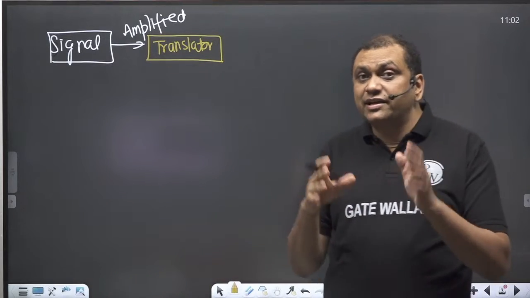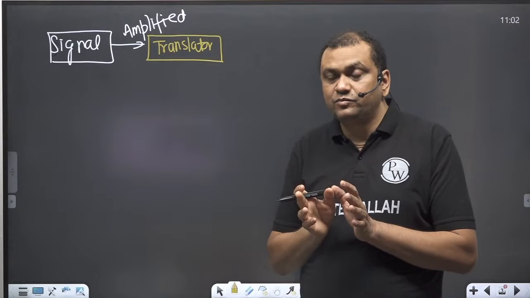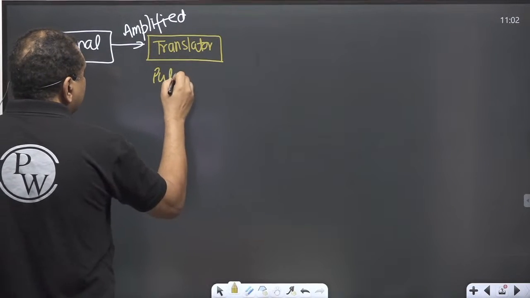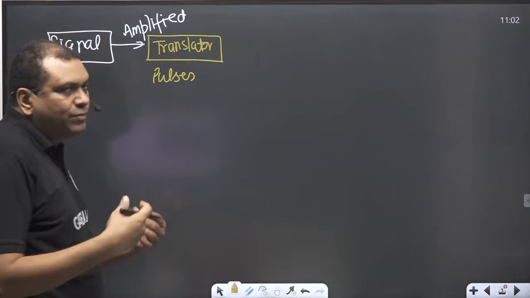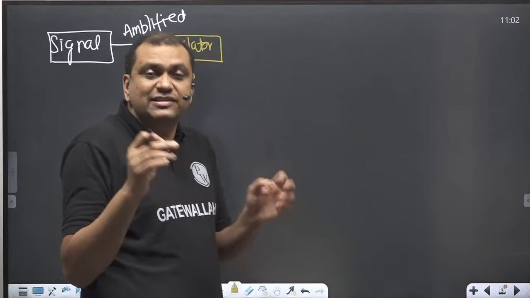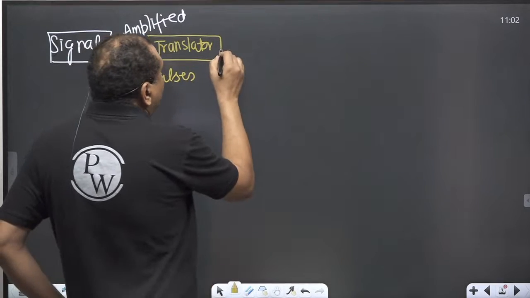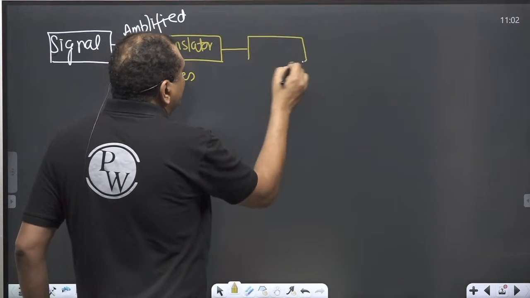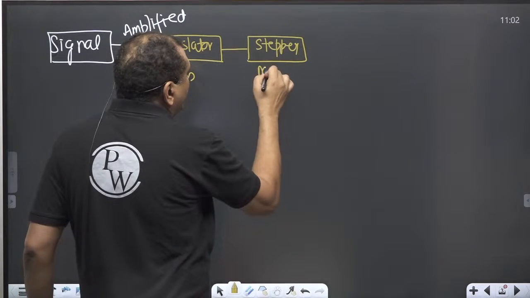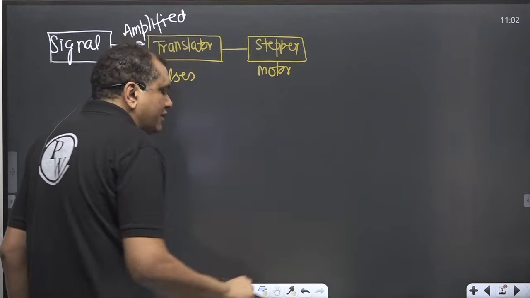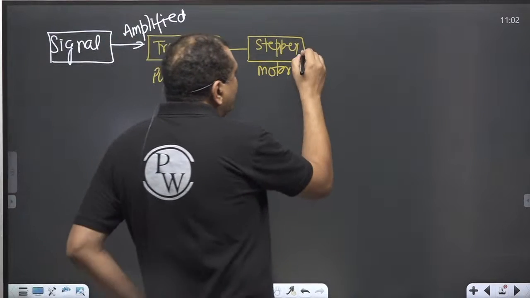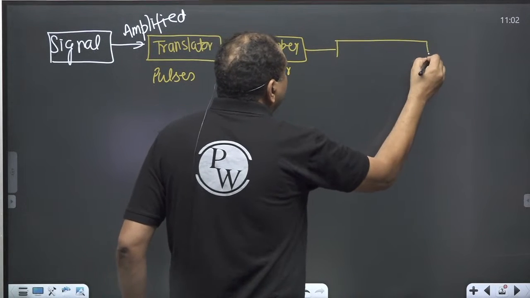It breaks the signal into pulses. The output of the translator will be a pulse. Now it goes to a stepper motor, and the stepper motor is connected to a table.